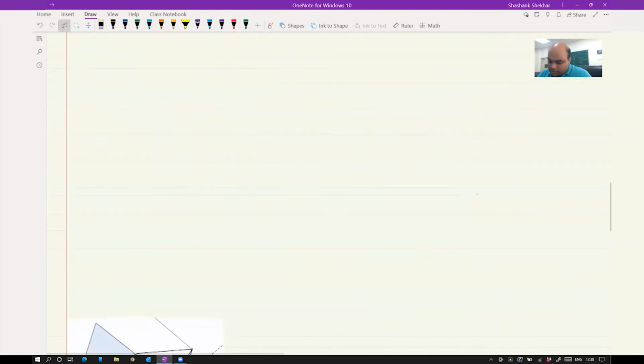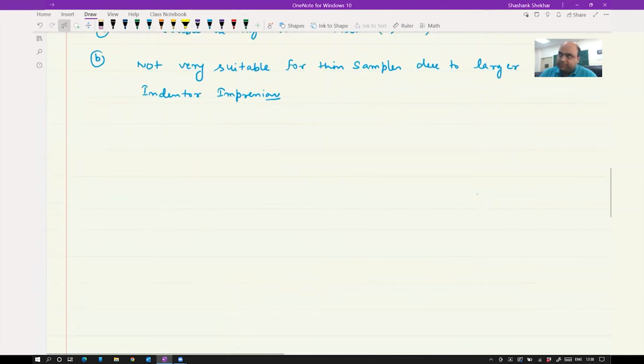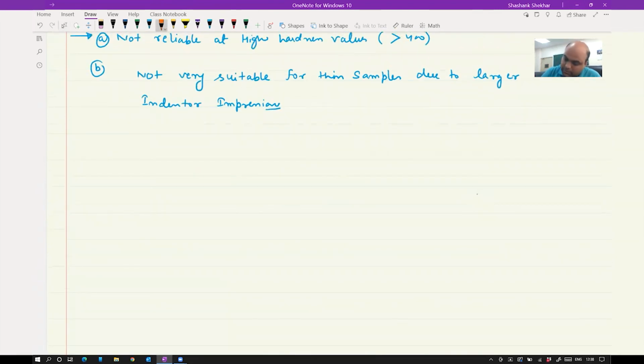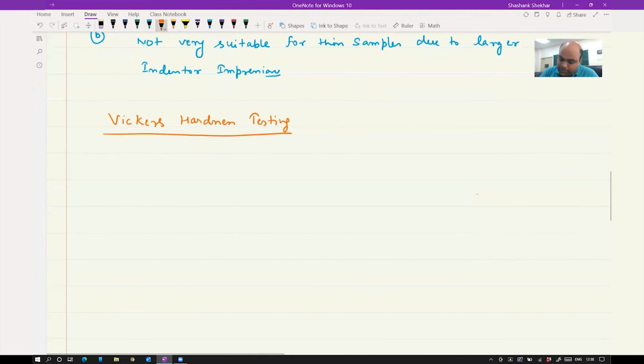So now let's talk about Vickers hardness measurement. Here, the indenter is going to be diamond pyramidal.